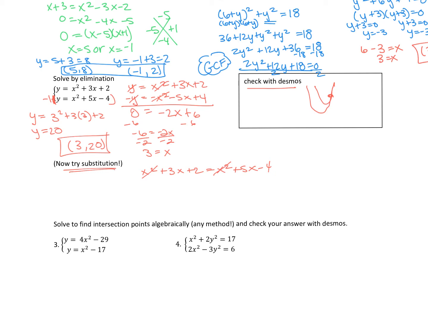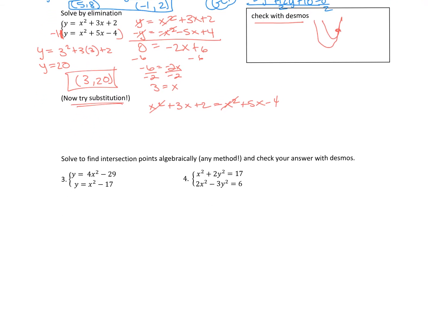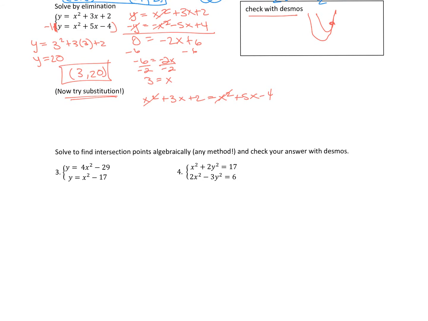So I'm going to have you, let me move my paper down. So then on number 3, this one could be done by substitution just as easily as it could be done with elimination. In fact, I'm going to use substitution because here's my thinking.